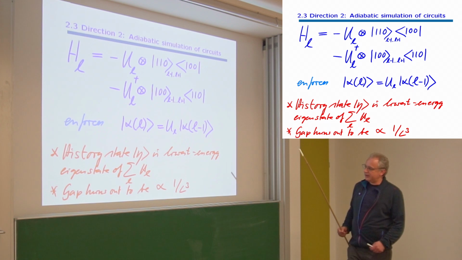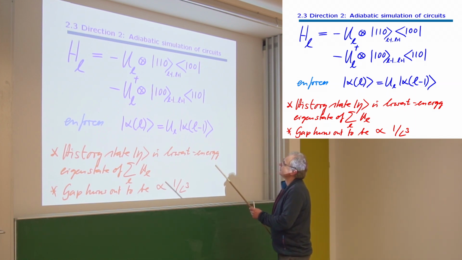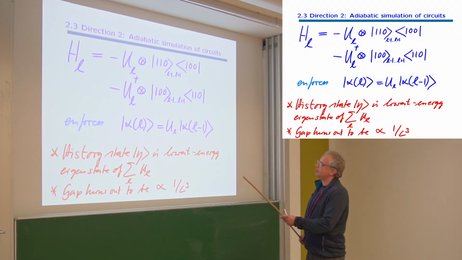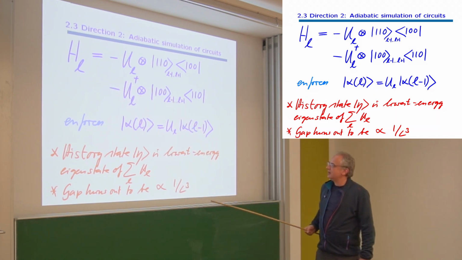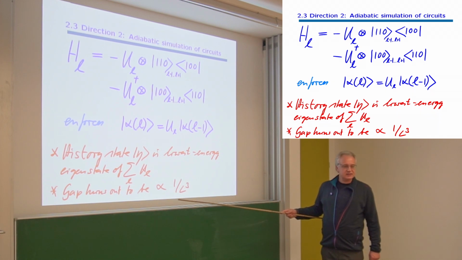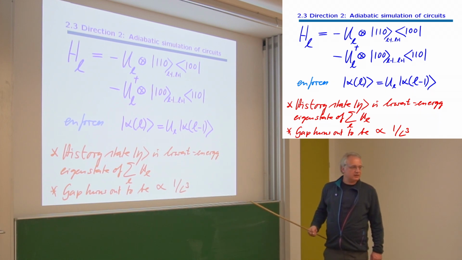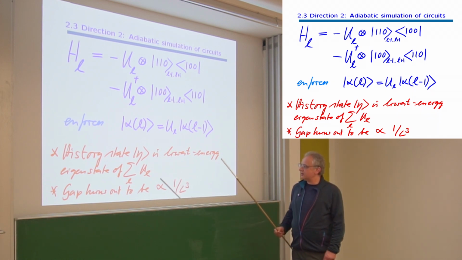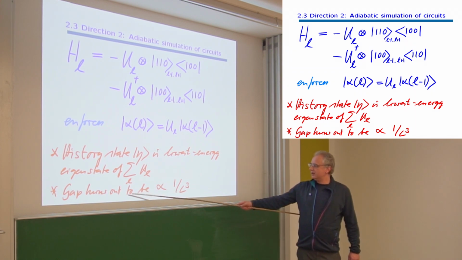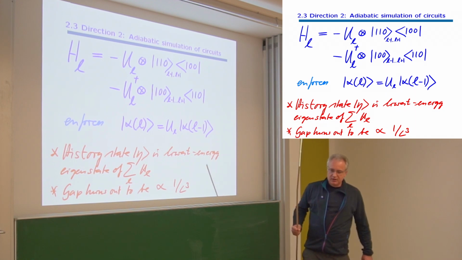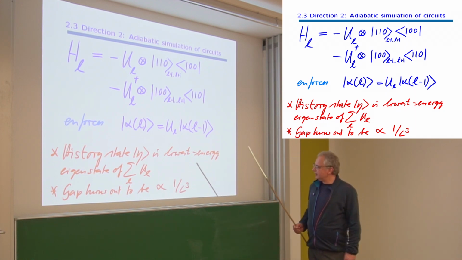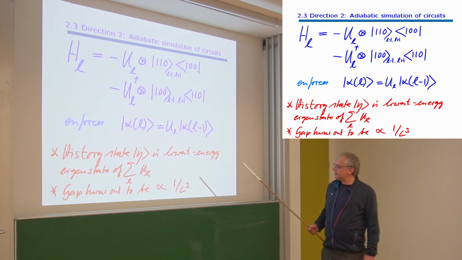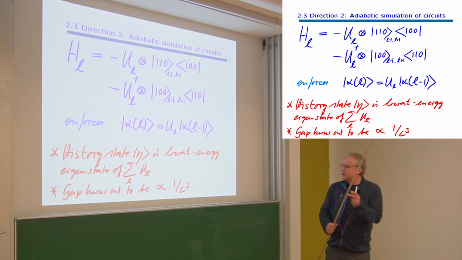You can show that the history state that we wrote is indeed an eigenstate of that Hamiltonian, and it is in fact the eigenstate with the lowest energy eigenvalue. So the ground state is also something that we wanted, and you want to know about the gap, and the gap is 1 over the length cubed. So it's a polynomial in the length, and in the time duration.